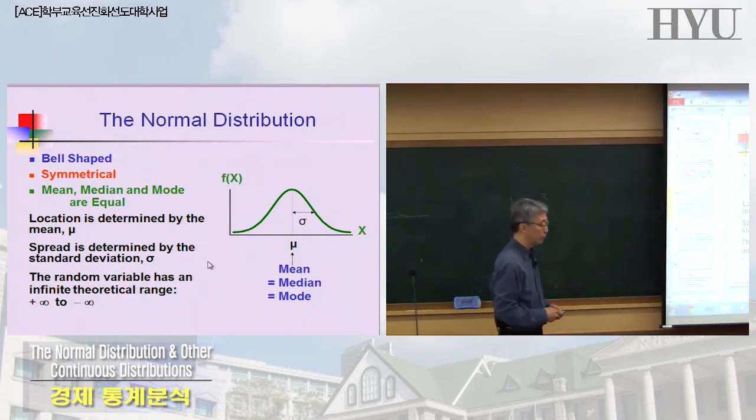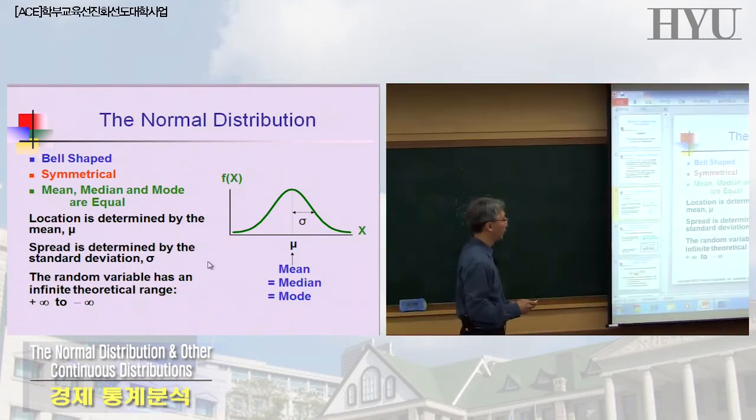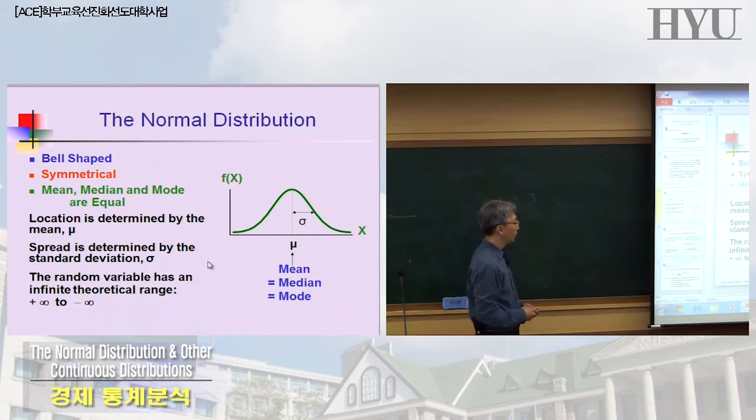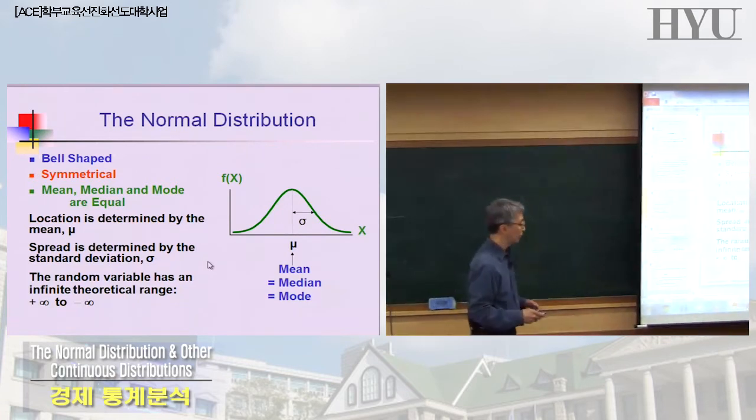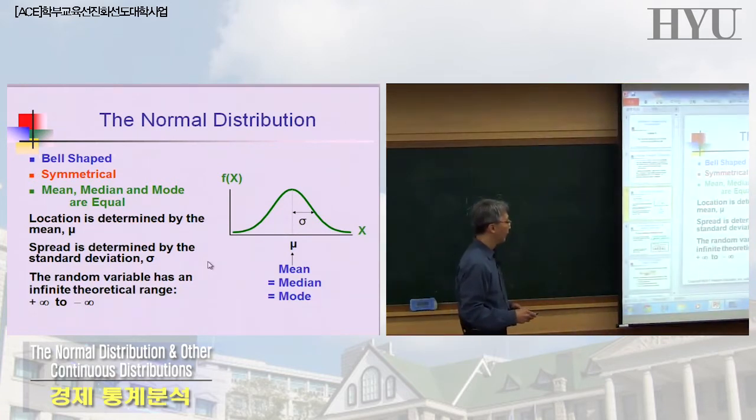If you have a normal distribution, all three measures of central location are equal in value. The location is determined by the Greek letter mu, and we call it the mean. And the spread, or dispersion, is how widely the observations are scattered. We measure it with the standard deviation, and we use the Greek letter sigma to indicate the standard deviation.